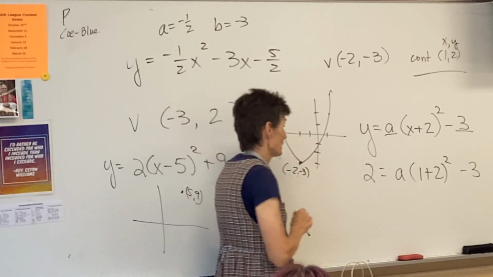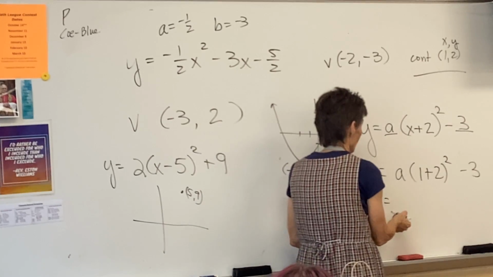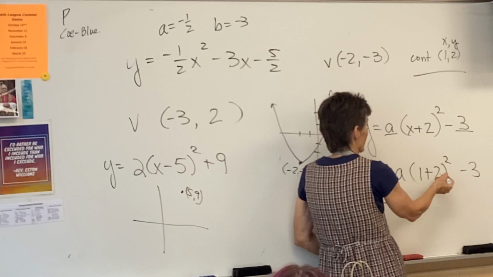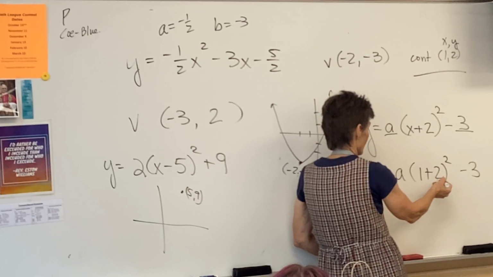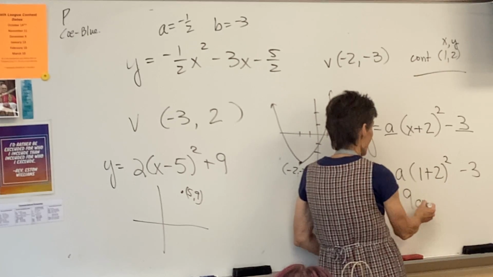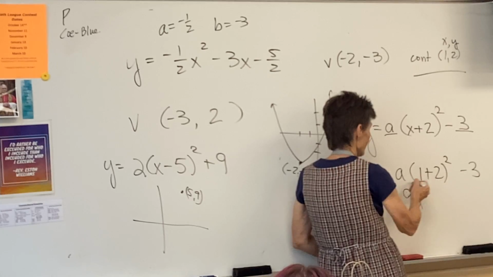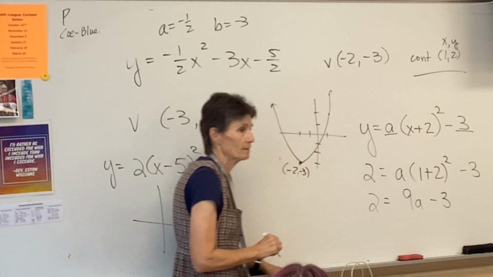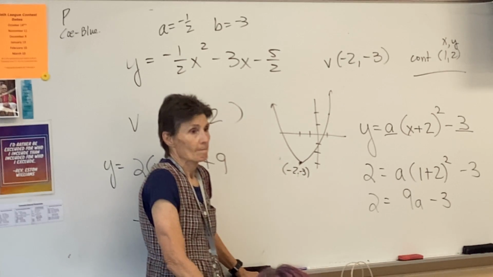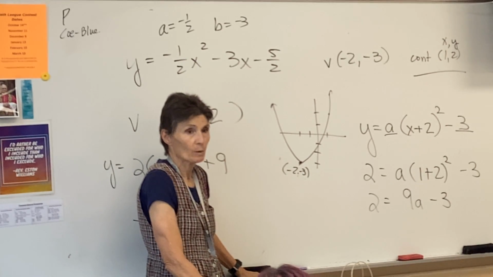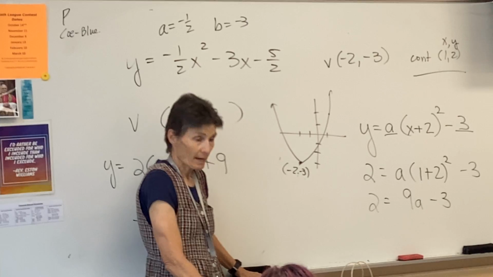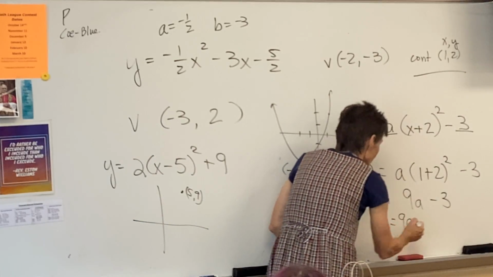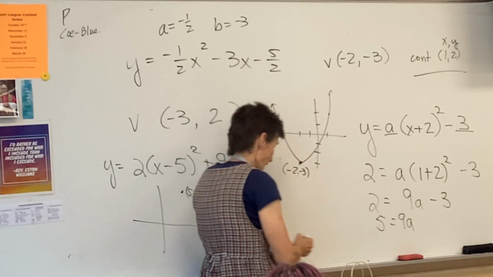Yep. So 2 equals A times 1 plus 2 is 3, squared is 9, so this is 9A, minus 3. Now I need to solve that equation. What do I do first? Add 3. So 5 equals 9A. Divide by 9.